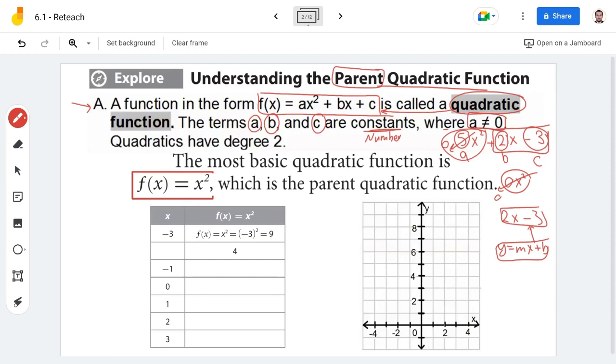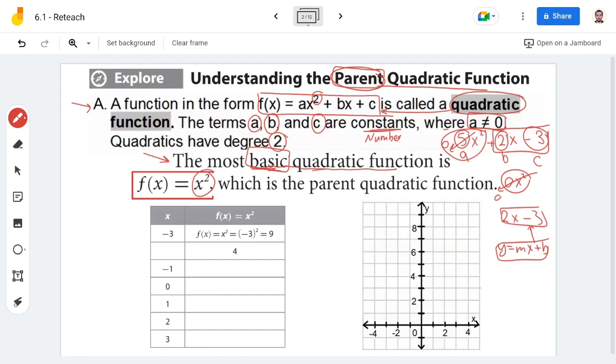Okay? A quadratic function has a degree of what? 2. Degree of 2, because look at the power here, power of 2. So the quadratic function always has a power of 2. Now, the most basic quadratic function, basic means the parent, is x to the power of 2.